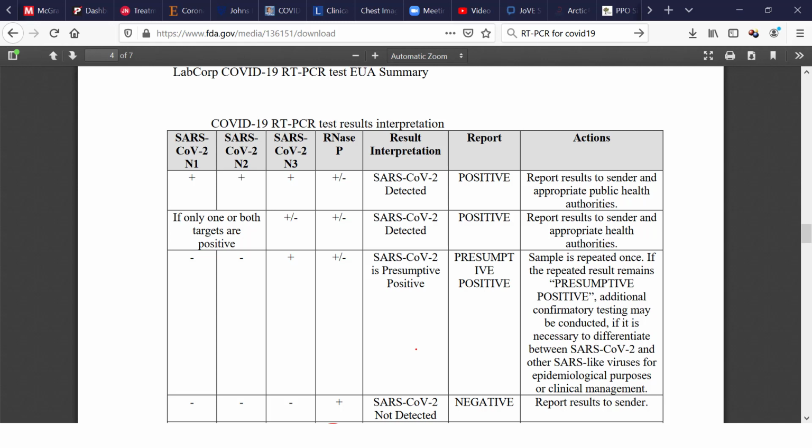Now we have the vaccine race. So many different groups of scientists are racing to get a vaccine developed for this virus. They're going to try to do it within a year, and that is really pushing the timeline to get that done.